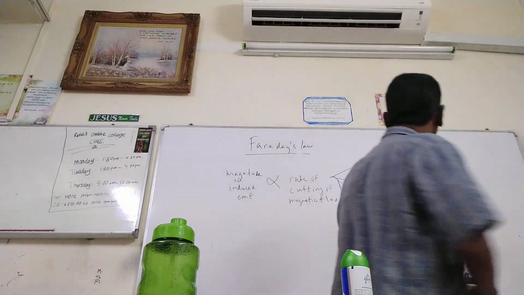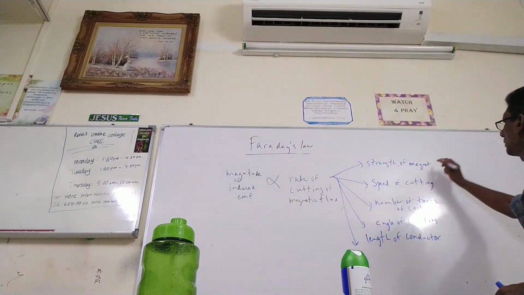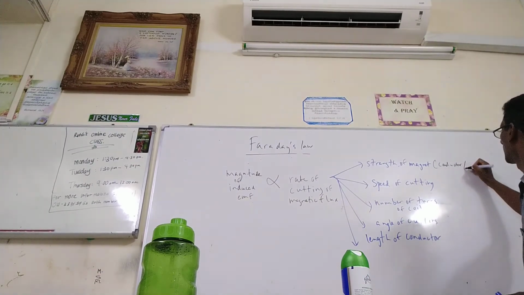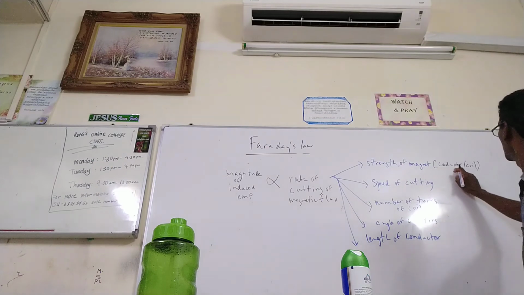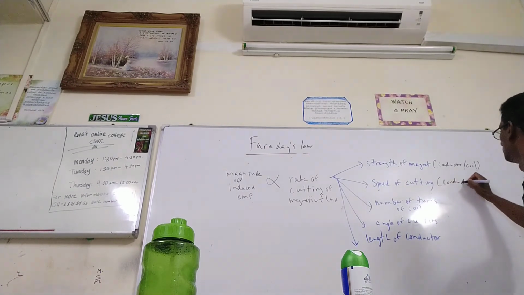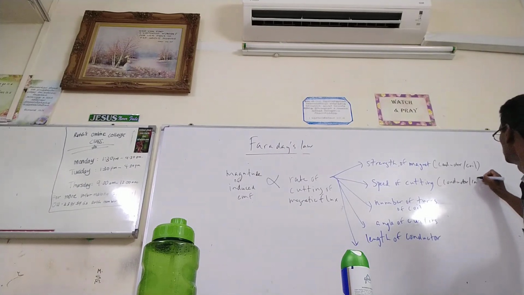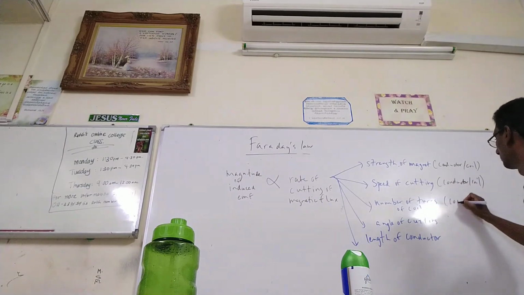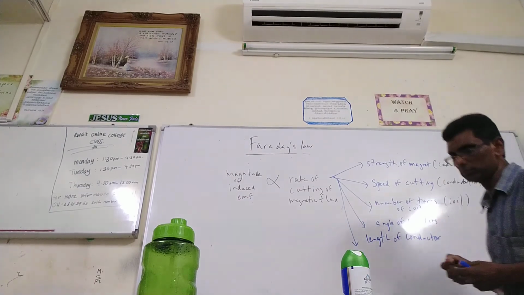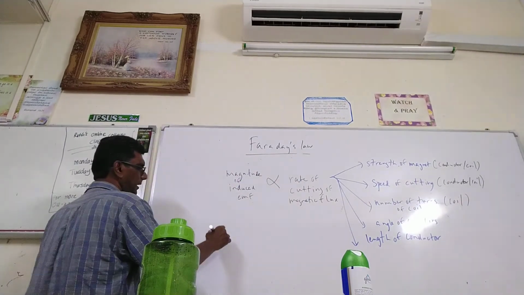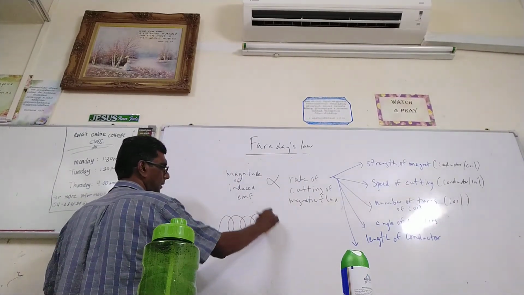Third factor, number of turns of the coil. Strength of magnet and speed of cutting are for the conductor and coil. Number of turns of the coil is the coil. For example, say you have 5 turns.